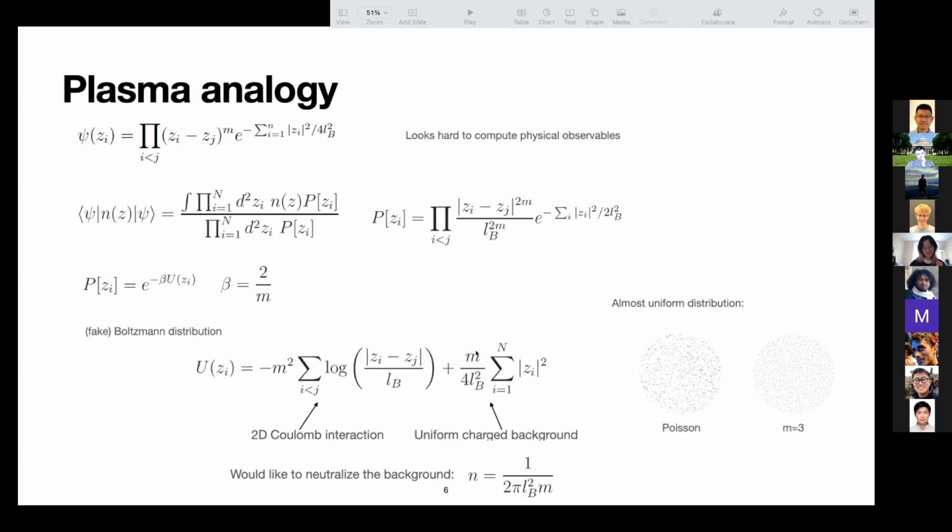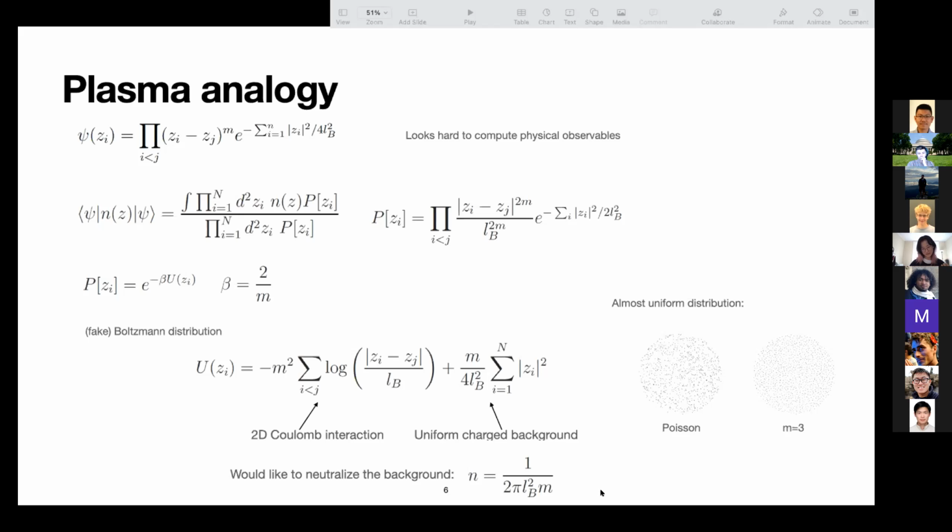So in this fake Boltzmann distribution point of view, this m looks like a fake charge of the particles, and they interact with a uniform charge background. In order to have the lowest Coulomb energy, they want to neutralize the background.